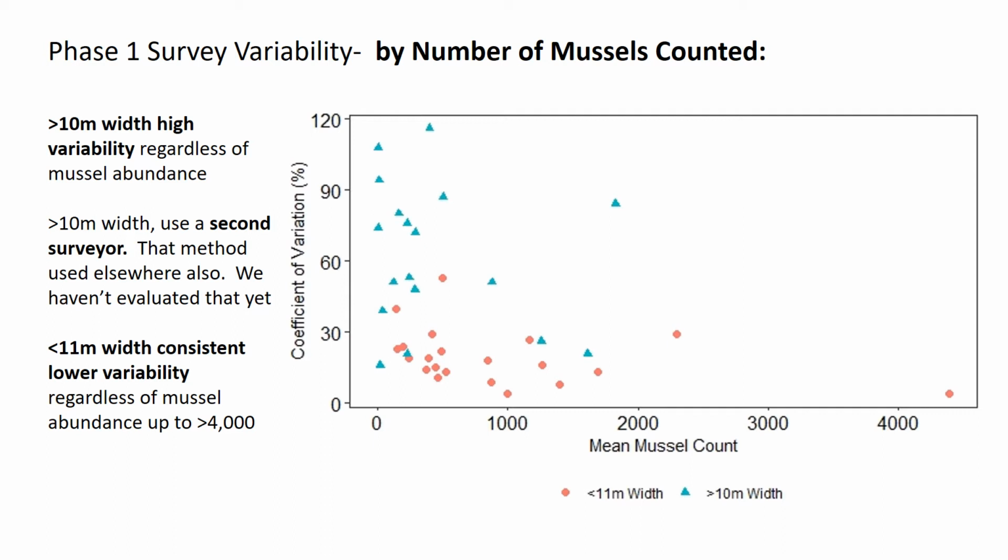And what you'll see is once the width gets larger than 10 meters, you have high variability regardless of mussel abundance. It's probably prudent with a width of greater than 10 meters to use a second surveyor, and some people have done this, although we haven't evaluated it. When the stream width was less than 11 meters, there was consistent lower variability regardless of the abundance of mussels.